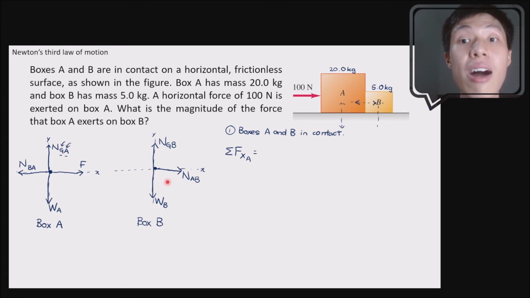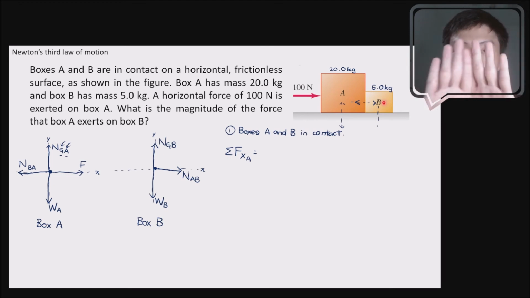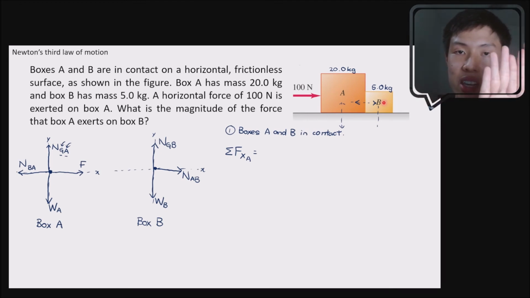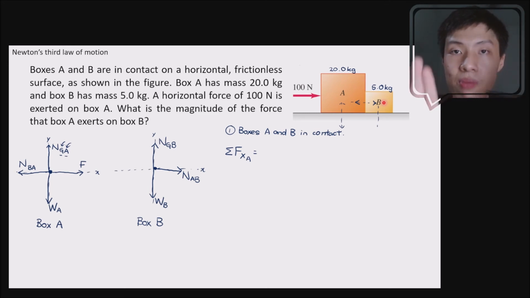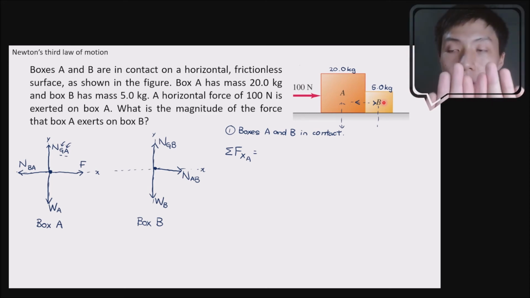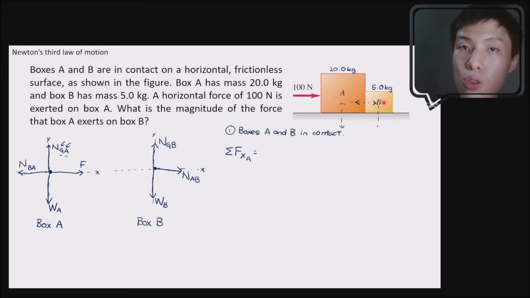Okay, then after that, you know that box A and box B are in contact. So if box B is accelerating and you want to keep contact, box A has to follow and accelerate at the same rate as well.